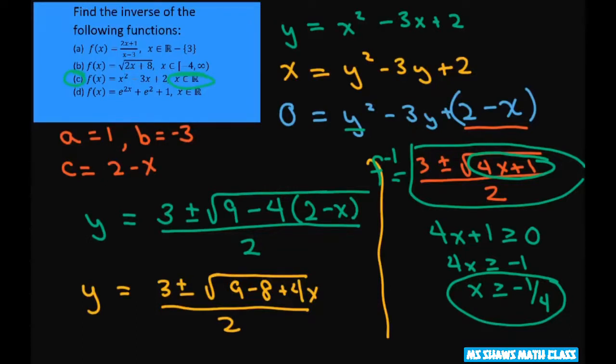Let's see. For the next one, we have this problem here. So we're going to let y equal e to the 2x, which is actually e to the x squared, plus e to the x plus 1.